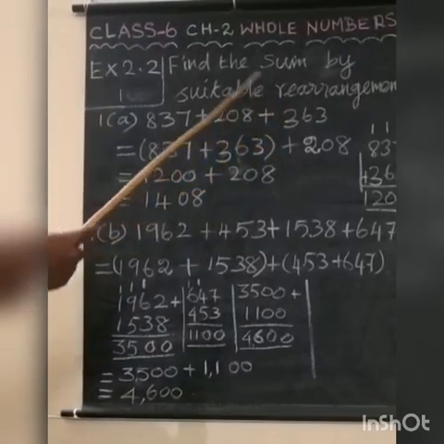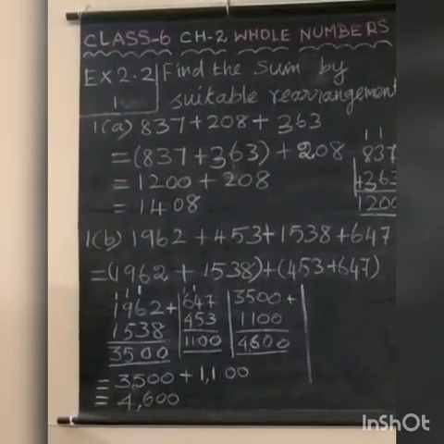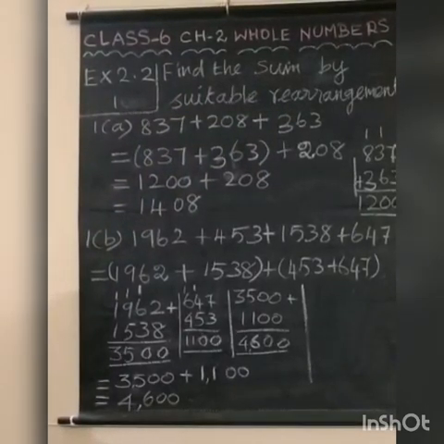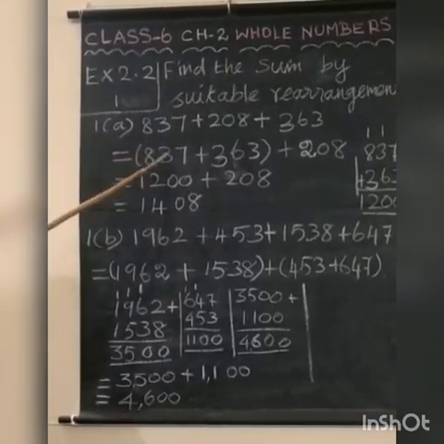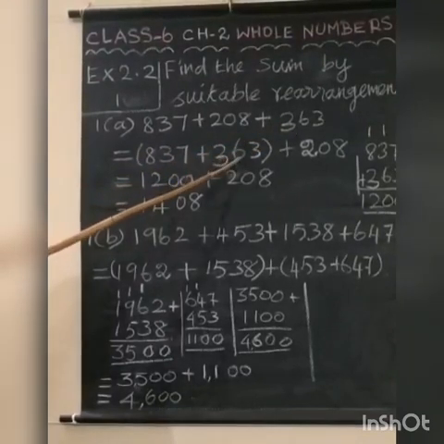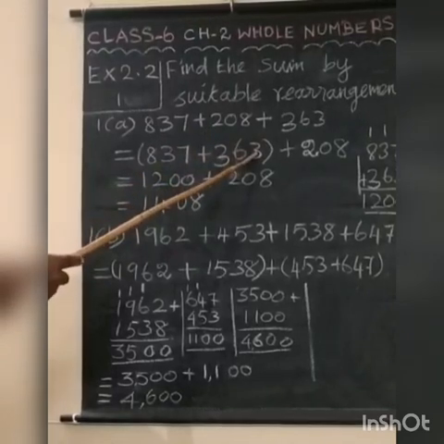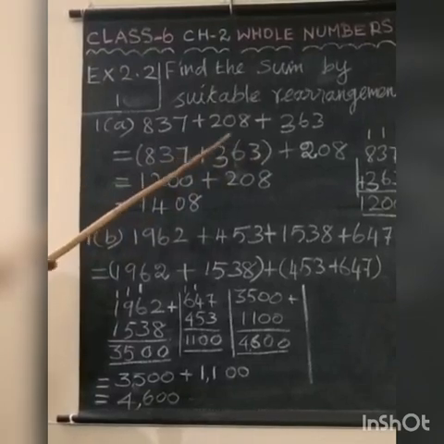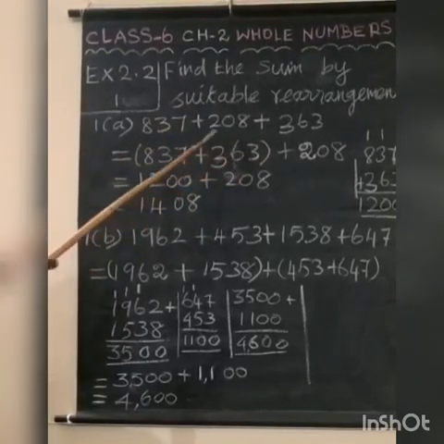Rearrangement means we always pair the numbers which give 0 in one's place. Here the pair of numbers is 837 plus 363. Look at one's place: 7 plus 3 is 10, so one's place is 0. Here these two numbers are grouped.